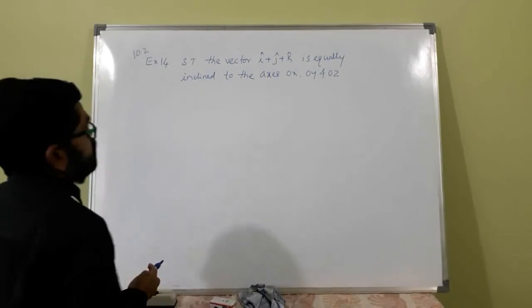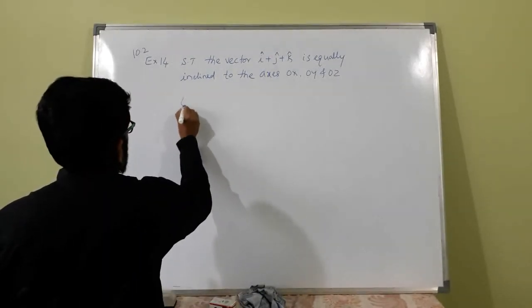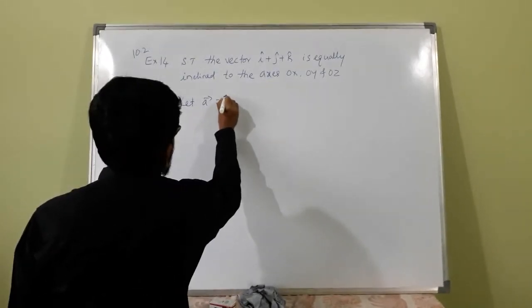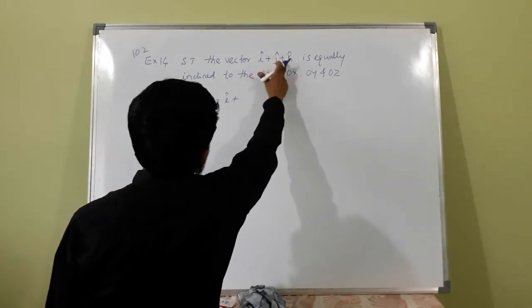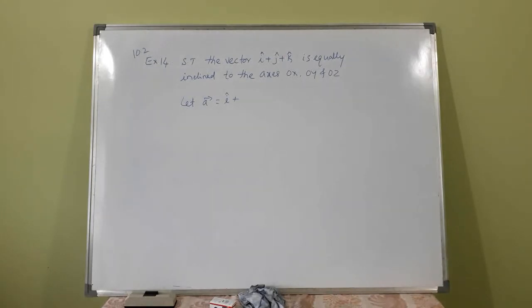Okay. Let A is i plus j plus k. By seeing only you can say, since coefficients are equal, the direction ratios are same, means direction cosines are also same. Direction cosines are same means angle should be same.